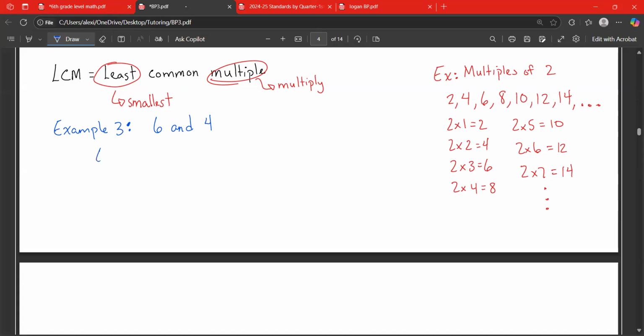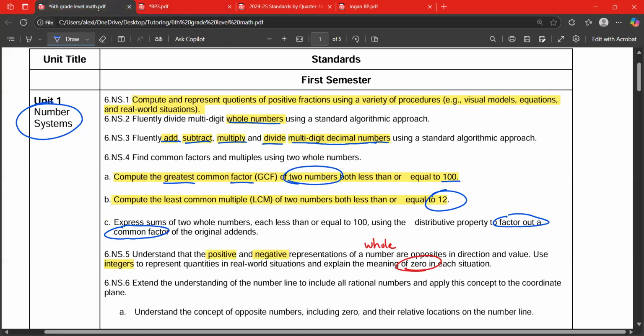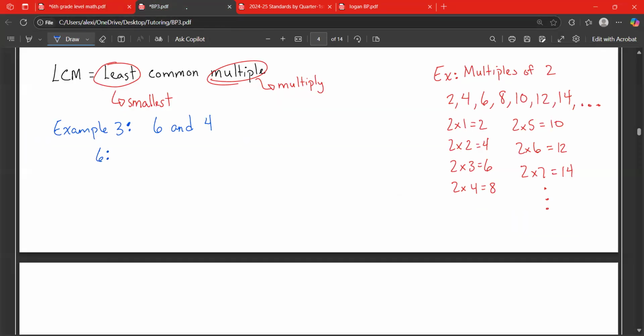So I'm going to start by writing 6, and because these numbers are going to be less than 12, I'm going to show you this method and see if you like it. Write out the multiples of 6. So that means 6 times 1, 6 times 2, 6 times 3, 6 times 4, 6 times 5, and etc. So that's 6, 12, 18, 24, 30, and then I'll put dot, dot, dot because this list goes on.